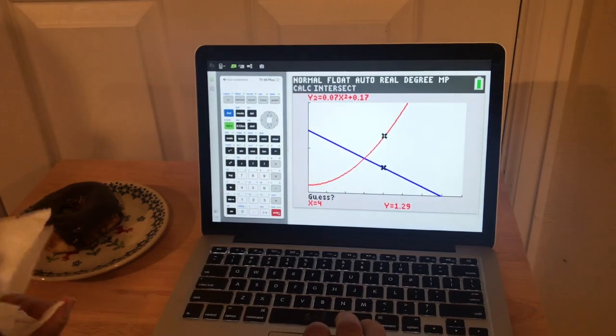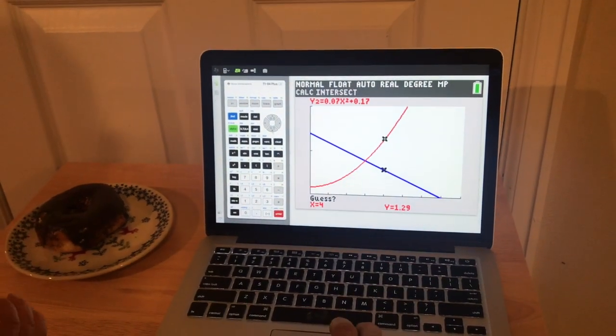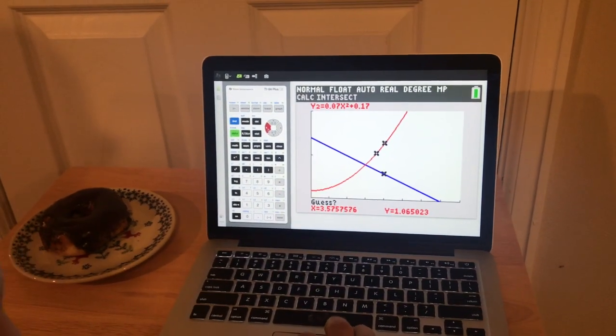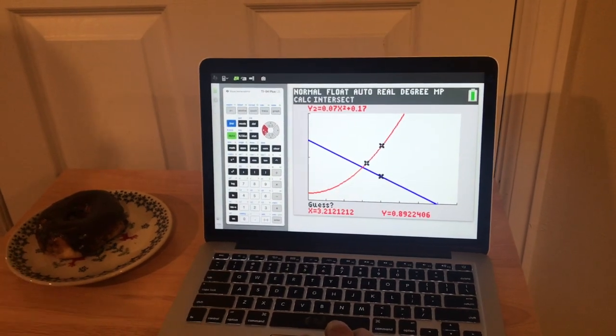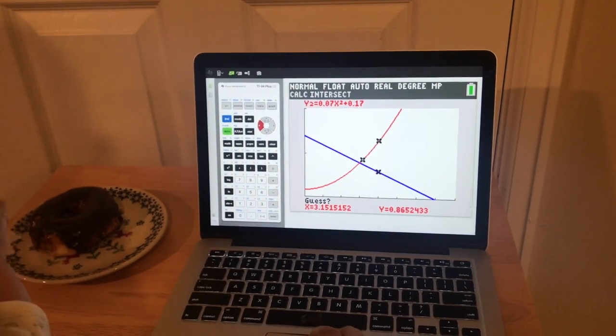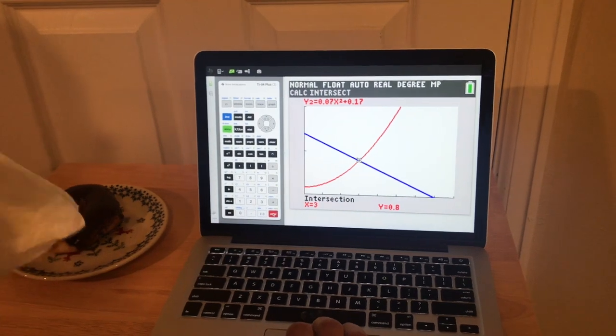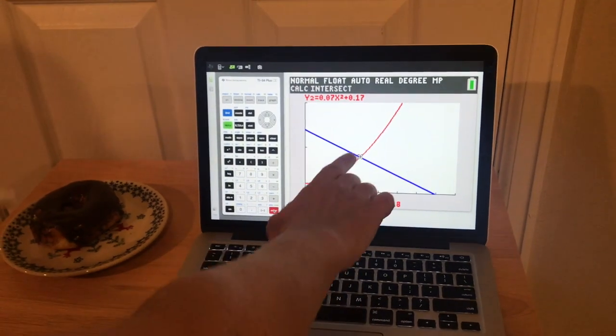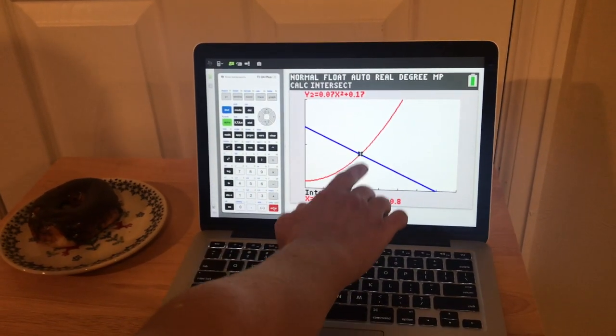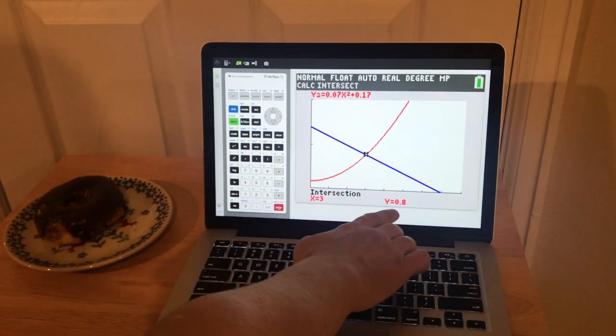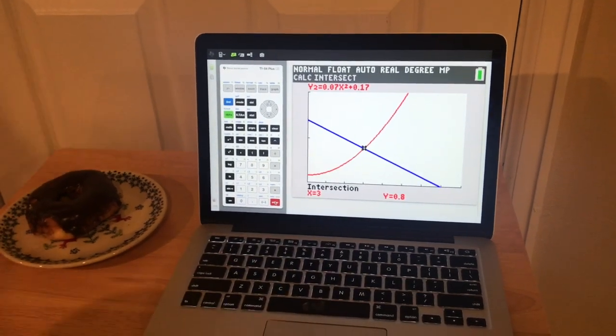Yep, I hit enter. And then it asks me for a guess. So I'm going to use my arrow button to move my cursor pretty close to the intersection. It doesn't have to be right on top, and that's fine. I hit enter, and it tells me that the intersection point is an x value of 3 and a y value of 0.8. So let's go draw this over on the board so we can add some labels onto it.